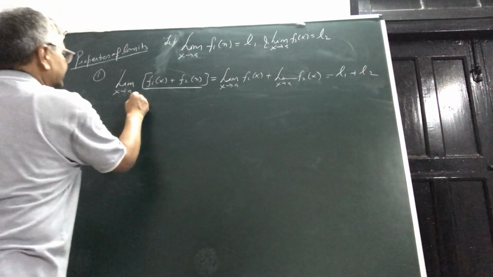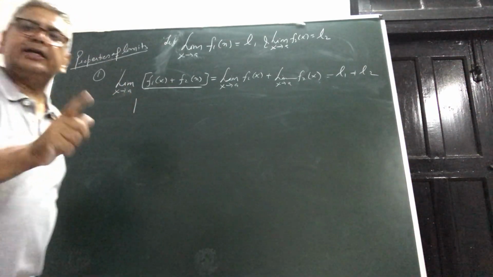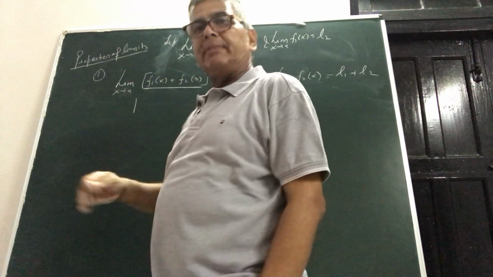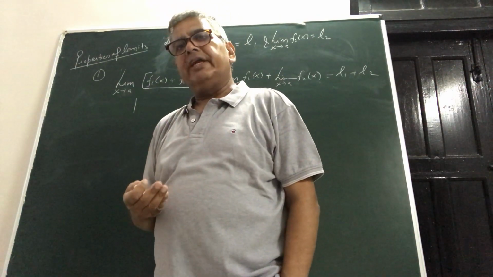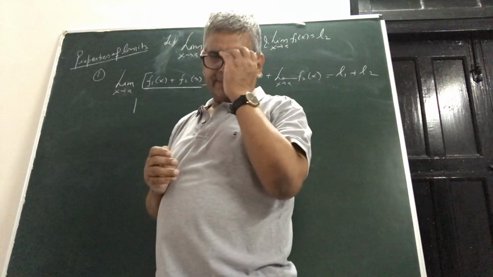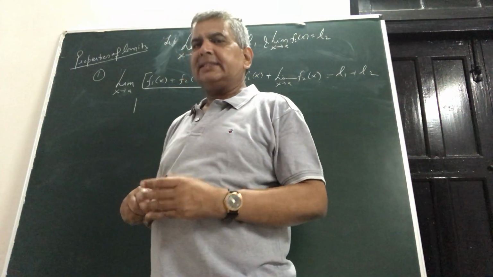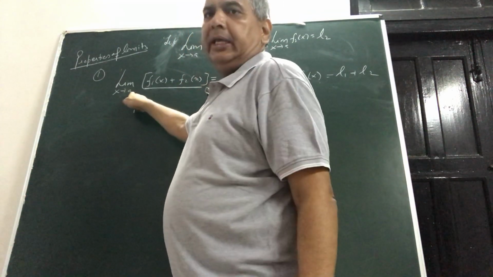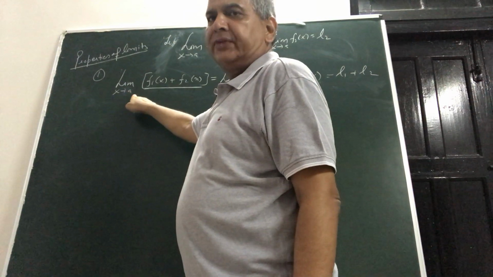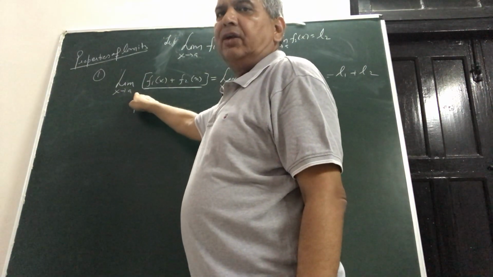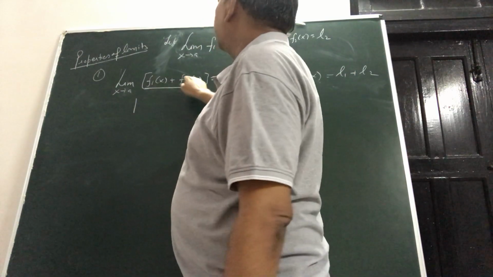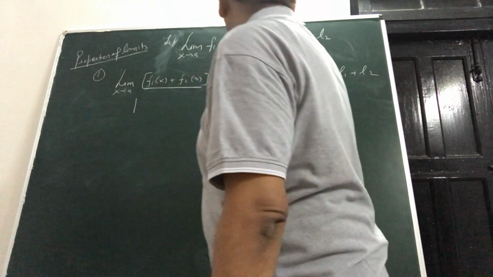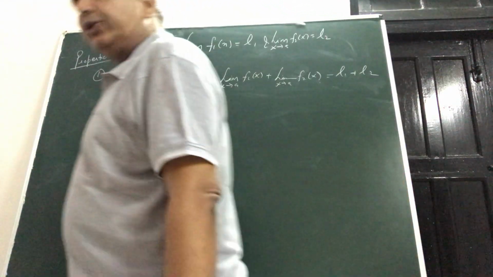A little bit of simplification is required, and why I am doing this simplification will become clear to you, because my basic purpose is that some positive epsilon will be given to me, and corresponding to that epsilon, I will show that there does exist a deleted delta neighborhood of a, where this variable is approaching, such that whenever x is an element of this deleted delta neighborhood of a, then my functional value, that is f1(x) plus f2(x), will fall within the epsilon neighborhood of L1 plus L2.